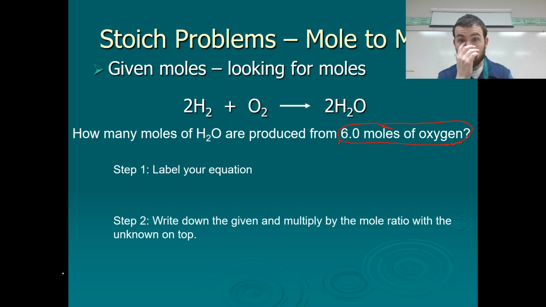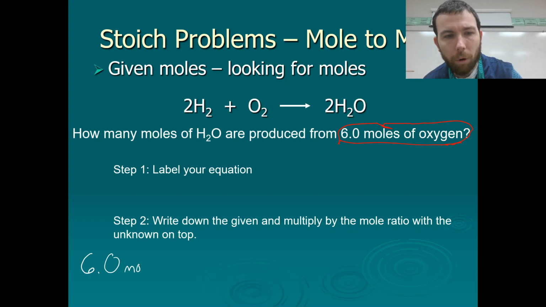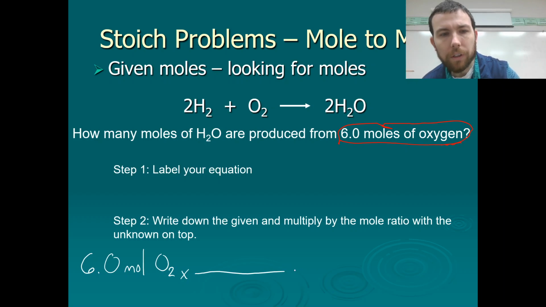But that's our given. That's our starting point. And so the nice thing about this question, we're already in moles. So if I come down here, I've got 6.0 moles of O2. In my dimensional analysis, right, I need to go to moles of water, so I'm going to use my mole ratio.